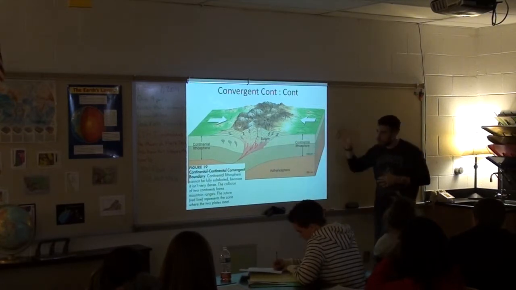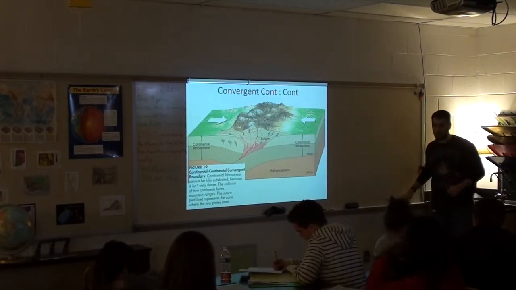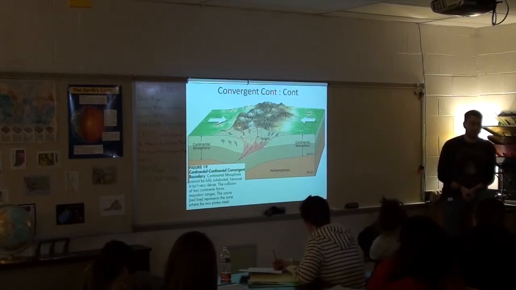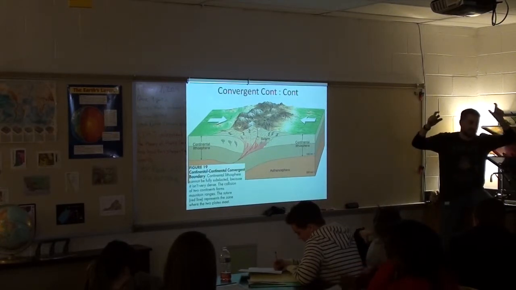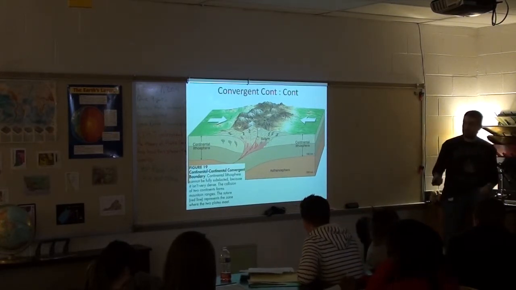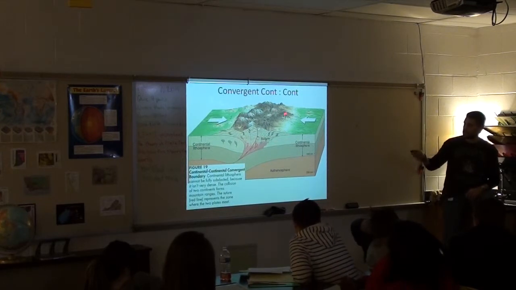What would be a beautiful example of a folded mountain belt? The Himalayas. The Himalayas are a beautiful example of this, where India, the Indian subcontinent, has smashed into the Asian continent, and you get really tall mountains. So this is fresh in the Himalayas.